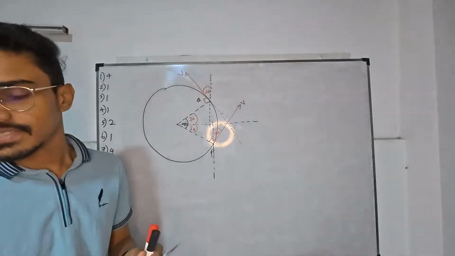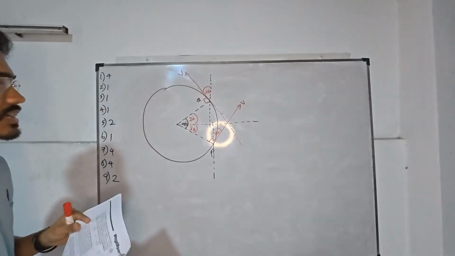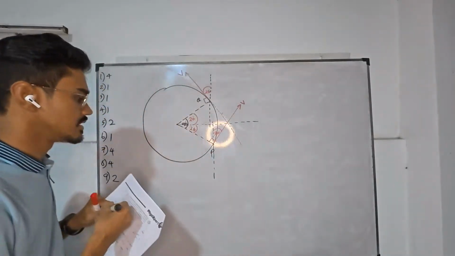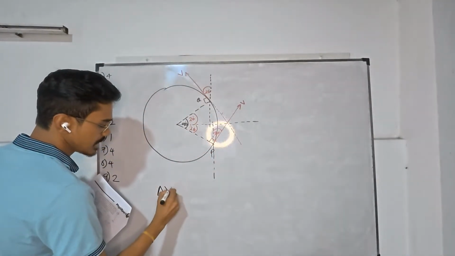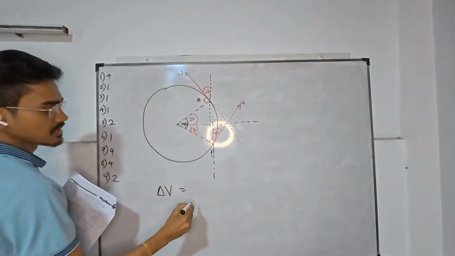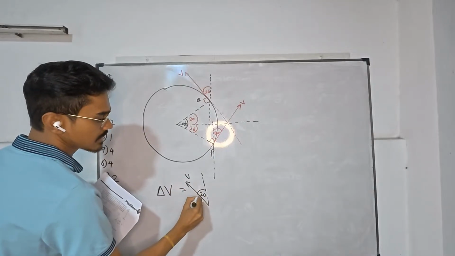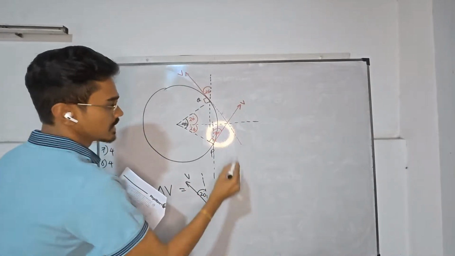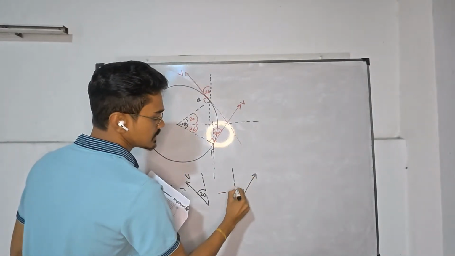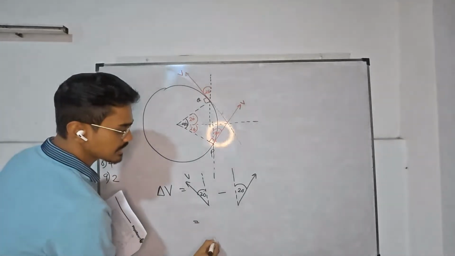Now I have two vectors. I'm going to simplify these two vectors using a vector triangle. What we need is the change of velocity, delta v, which is final minus initial. The final velocity is v with angle 20, minus the initial velocity, another v with angle 20.